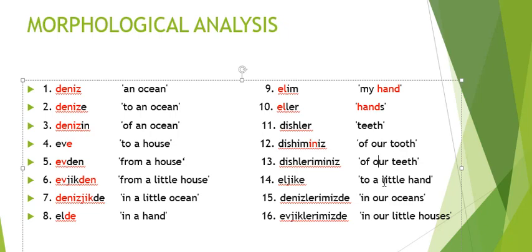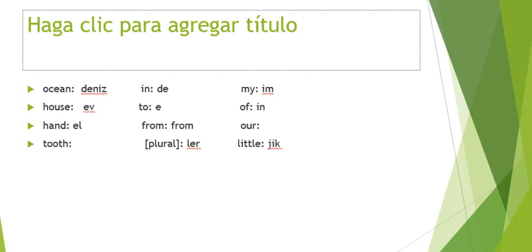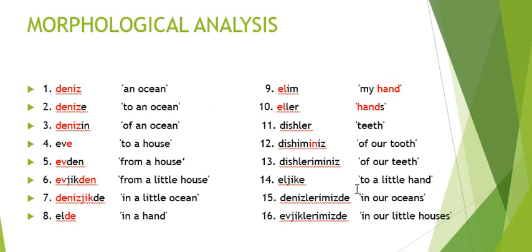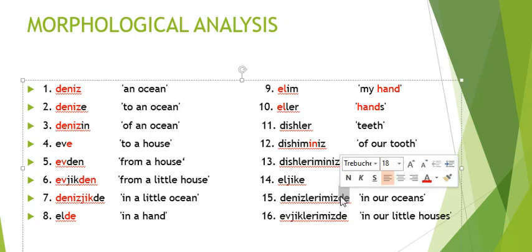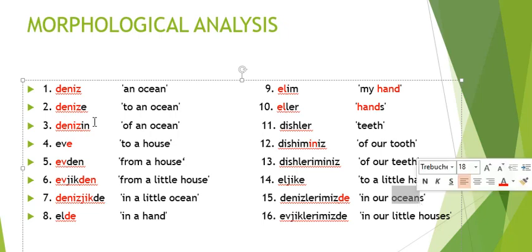So let's continue analyzing number 15 and number 16 because we know how we can say ocean, and we know how to mark plural in Turkish, and we know how to say in Turkish. How do you say in in Turkish? Let's see, in is de, right? In is de. So I'm going to color this one in. Okay, and how do we say ocean in Turkish?